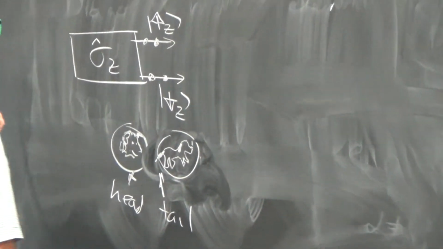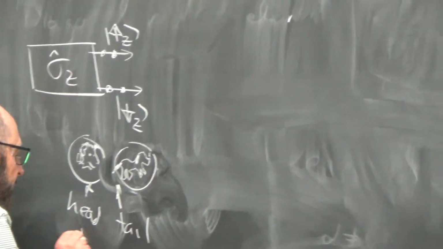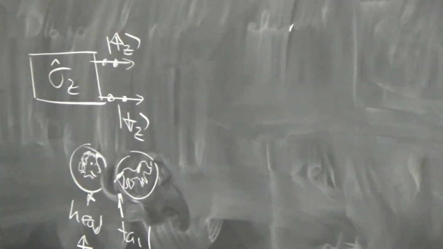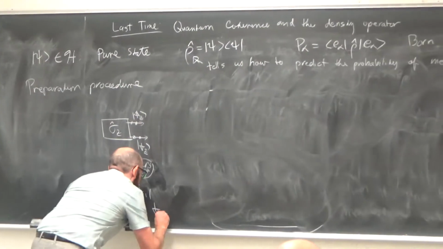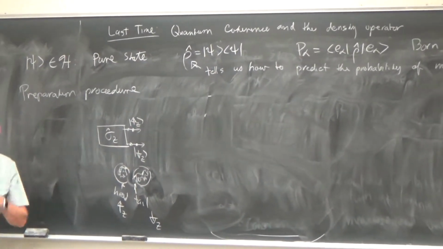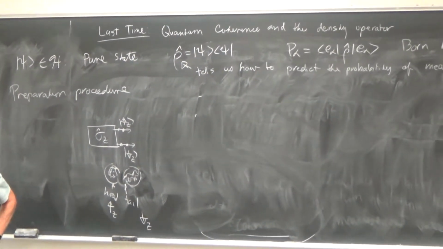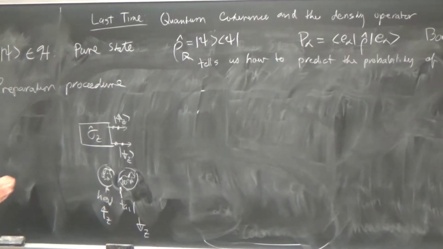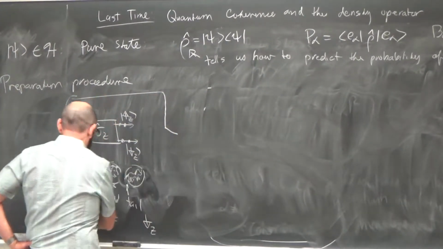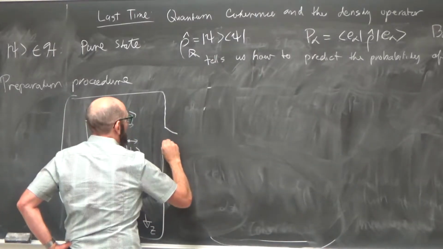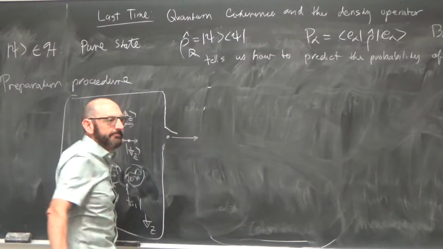So if it's heads, she's going to spit out spin up along Z, and if it's tails, she's going to spit out spin down along Z. All right? So that's inside some big box, and out comes one of these spins.